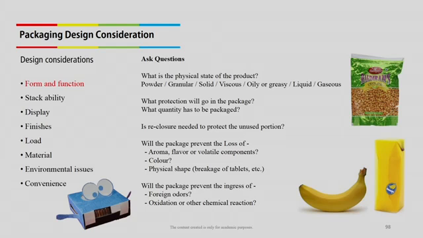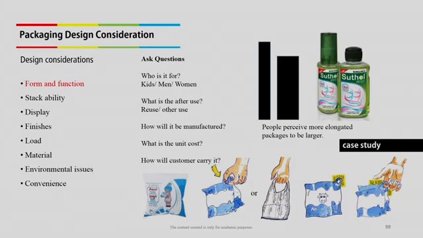Will the package prevent the loss of aroma, flavor or volatile components, color, physical shape, etc.? Will the package prevent the ingress of foreign odors, oxidation or other chemical reactions? In case of reclosure, some sort of zip pouch or other techniques can be used.